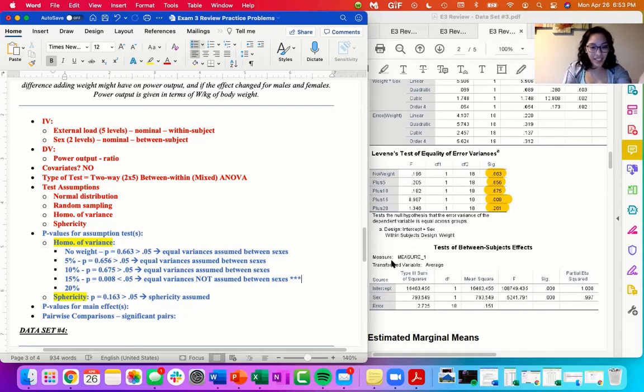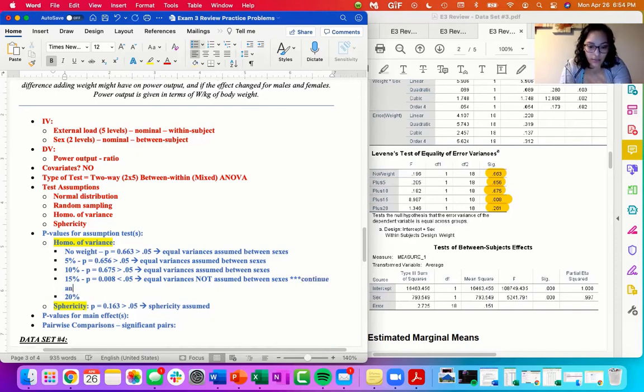We don't do that. So it's violated, but we're going to continue anyway. And for our 20% group, we had a p-value of 0.261, which is greater than 0.05. We can say equal variances are assumed between the sexes.